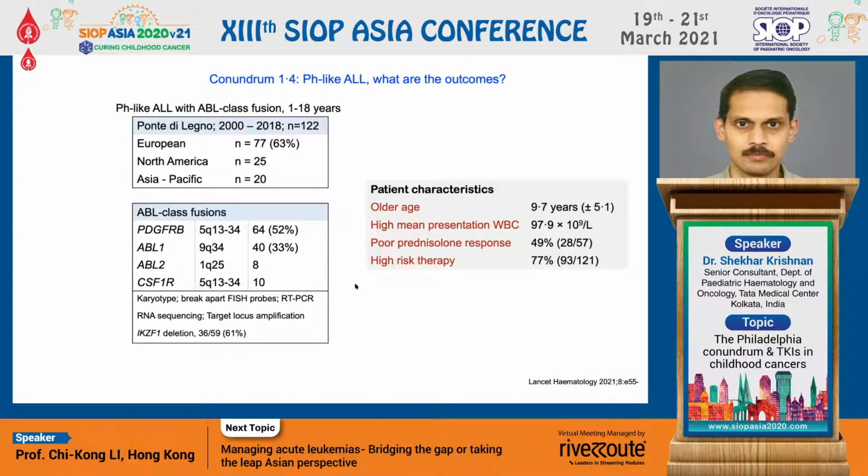It is a wonderful paper, both for its quality and clarity. You can see here 122 patients in a retrospective analysis, looking at non-TKI-based high-risk chemotherapy. These are the fusions reported in this particular paper. About 50% of them were PDGFRB fusions, and about a third were ABL1 class fusions.